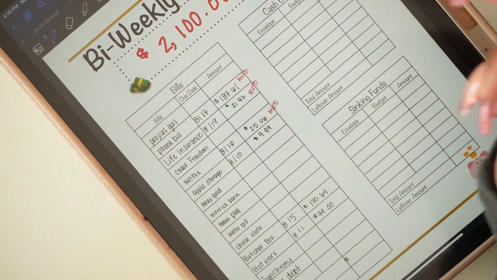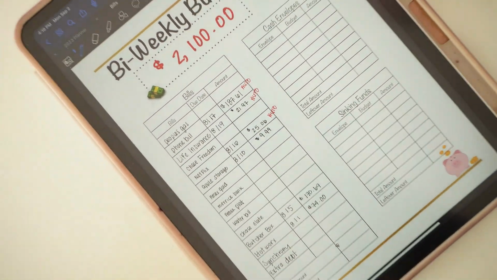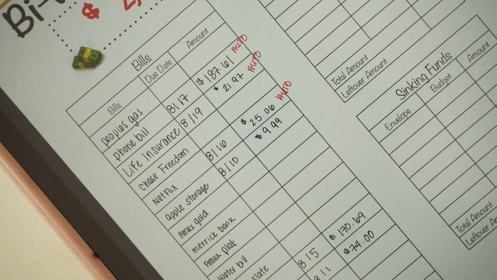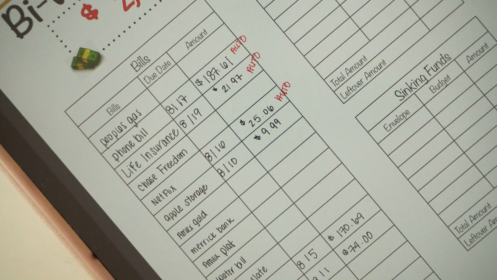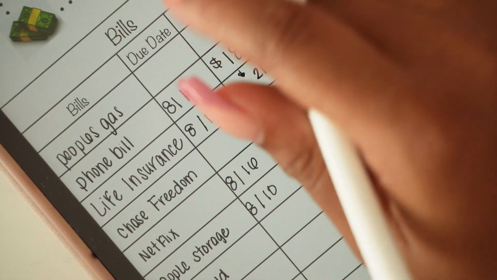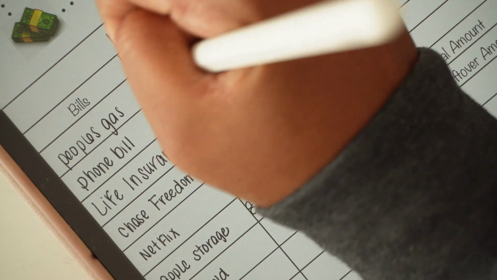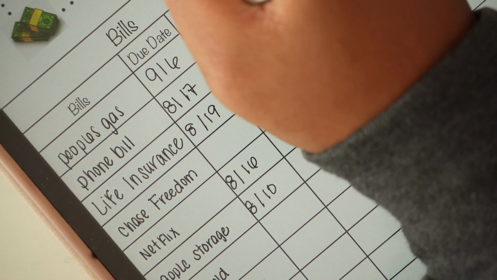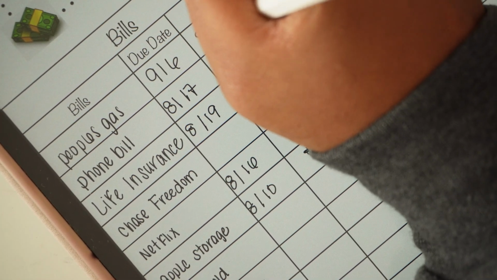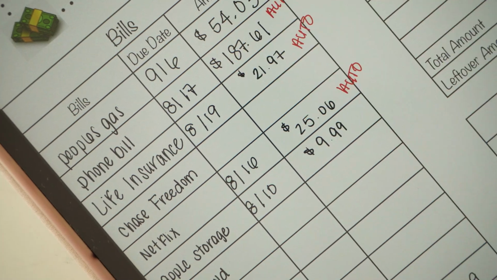Okay, sorry about that. So for People's Gas, which is our natural gas to the house, it is due on 9/6, and that is $54.03.